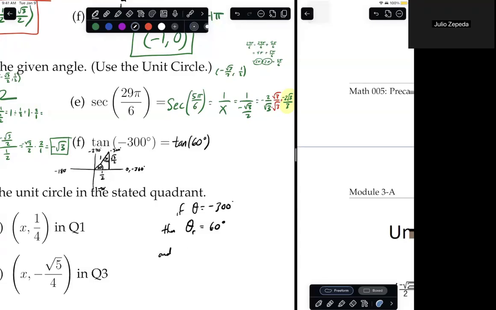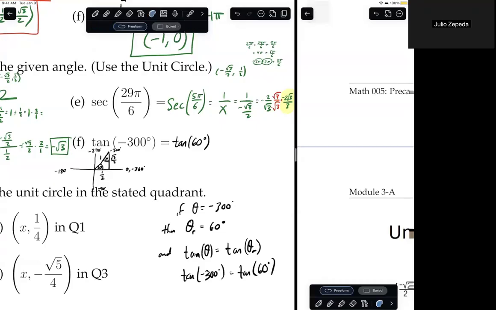And it turns out that any trig function applied to the angle theta is going to be equal to that trig function applied to the reference angle theta sub r. So that tells us that the tangent of negative 300 degrees is the same as the tangent of its reference angle.